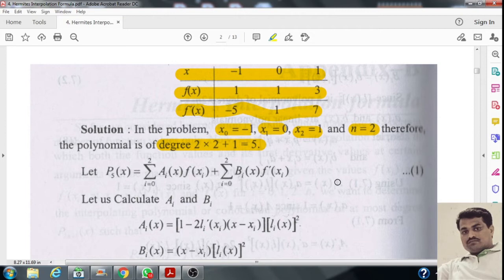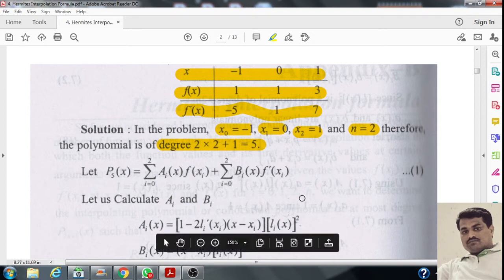Then we first find f(x) and then find f'(x) by using differentiation. Okay, we first consider f(x), means find the interpolating polynomial using Hermite's interpolation formula.